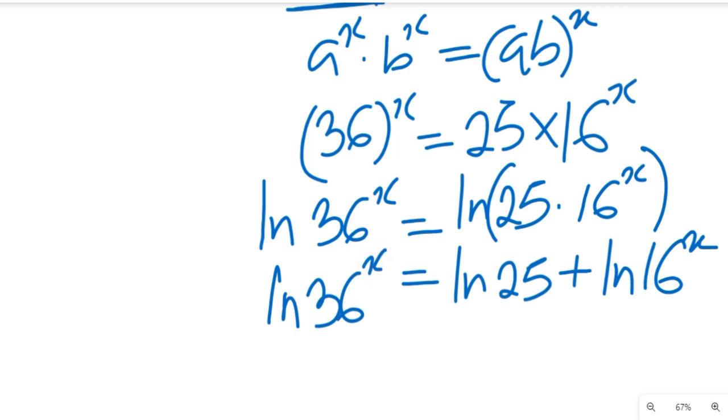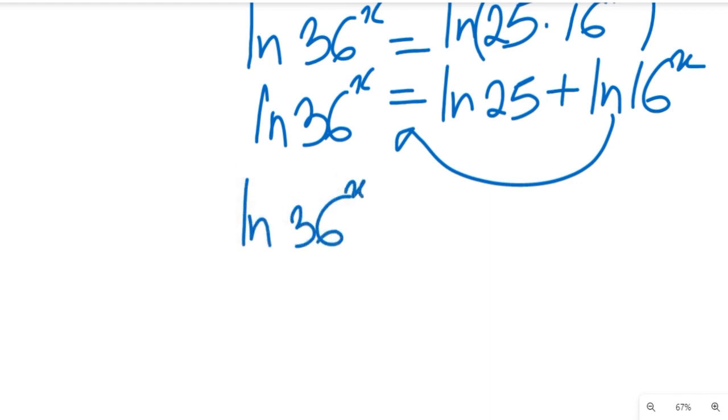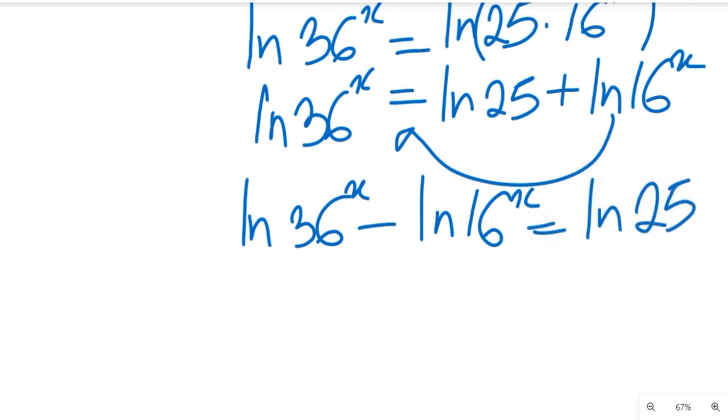So if we simplify that further, we are going to have this come over here because both of them have the power of x. So this will give us the natural log of 36^x minus the natural log of 16^x equal to the natural log of 25.